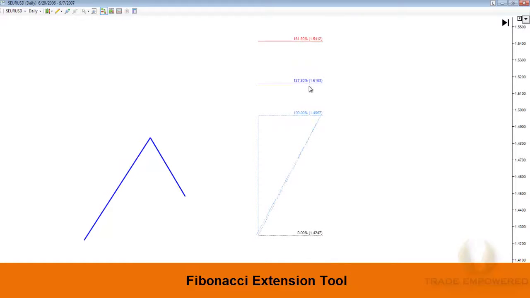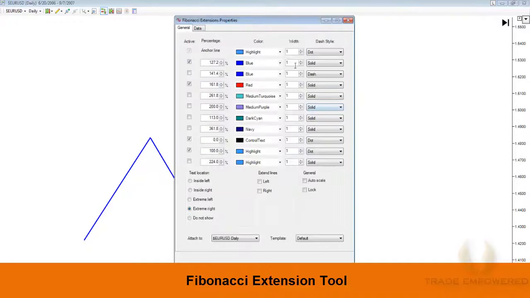There's the 127.2 Fibonacci extension, and there's the 161.8 Fibonacci extension. Those are our two main extensions. We do have one minor one, and I'll bring that in right here, and that's going to be the 141.4.